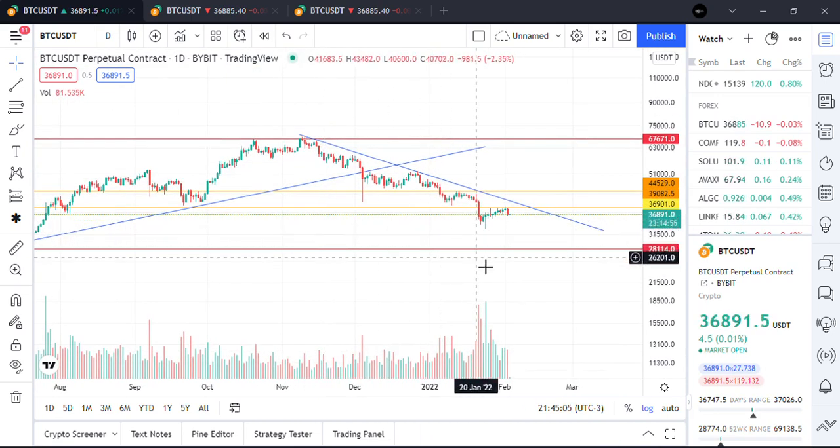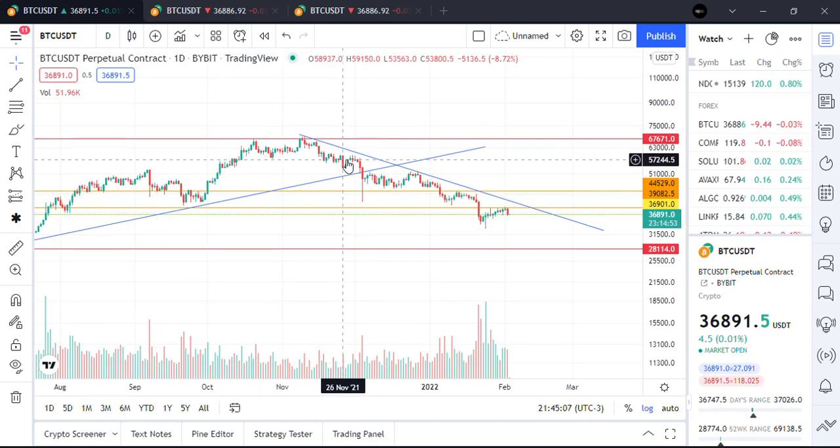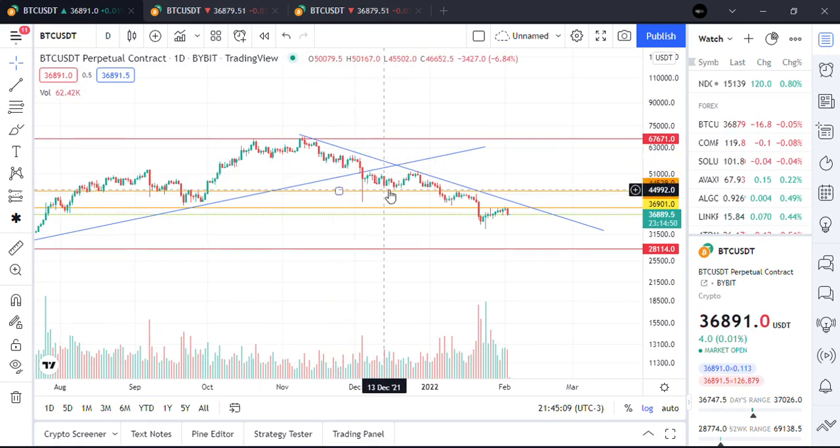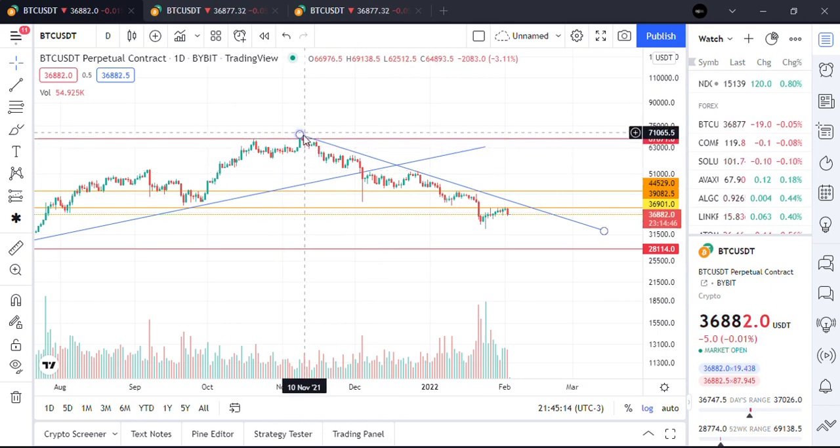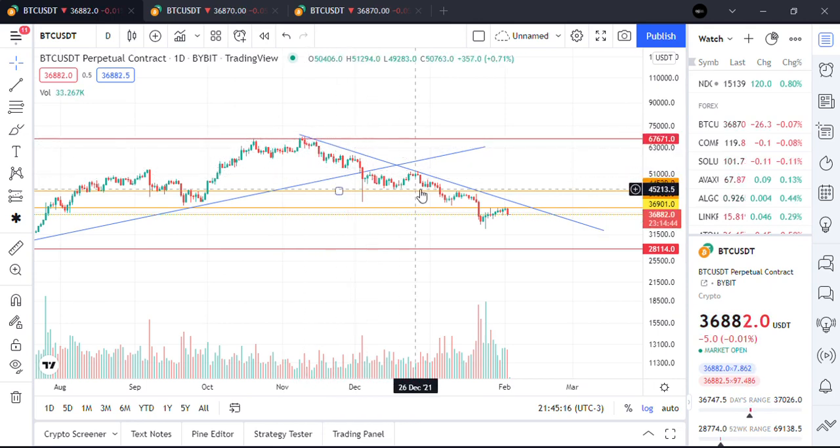I hope you know how to identify trends now and how to draw trend lines. Make sure it's always on the tip, the wick of the candle. Don't draw it across the bodies of the candle.